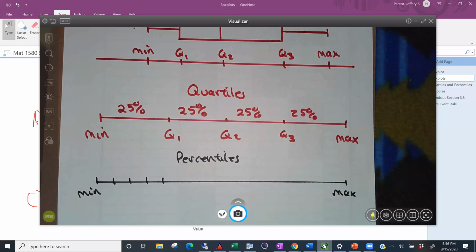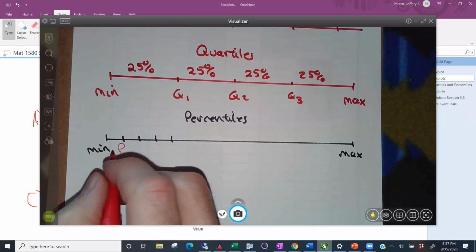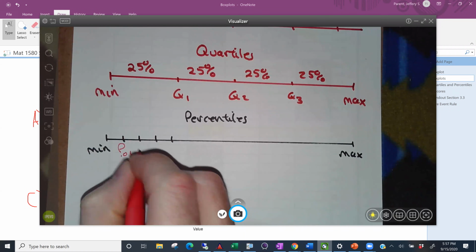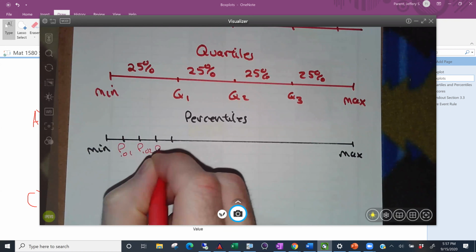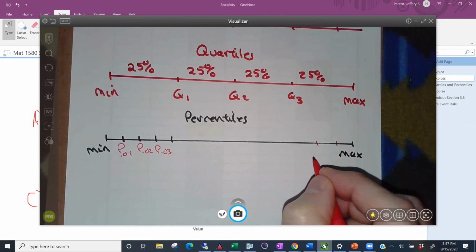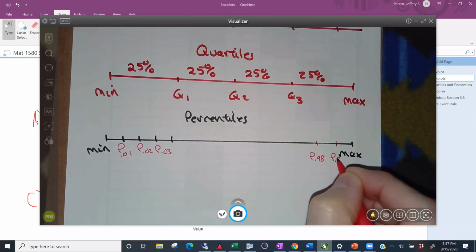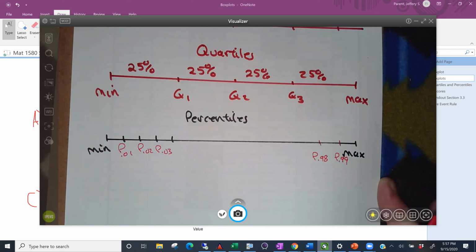So for percentiles, we'll denote this with like P.01, P.02, P.03, all the way down to say P.98 and P.99.